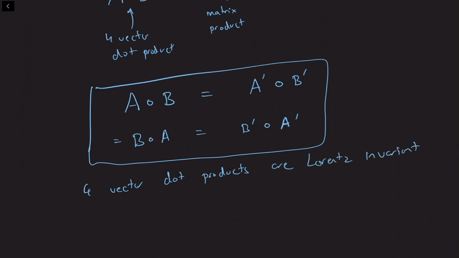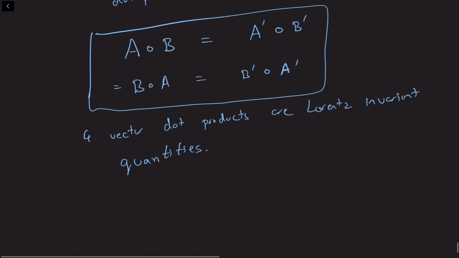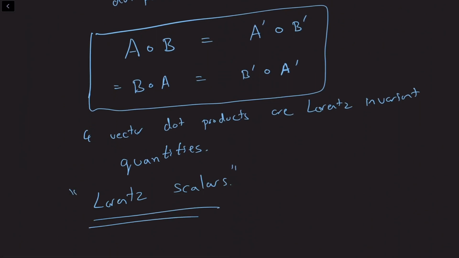That is, they are the same no matter which reference frame you calculate them in. Such quantities are also called Lorentz scalars. That is, these are quantities that do not change from one reference frame to another, just like the space-time interval is a Lorentz invariant quantity.